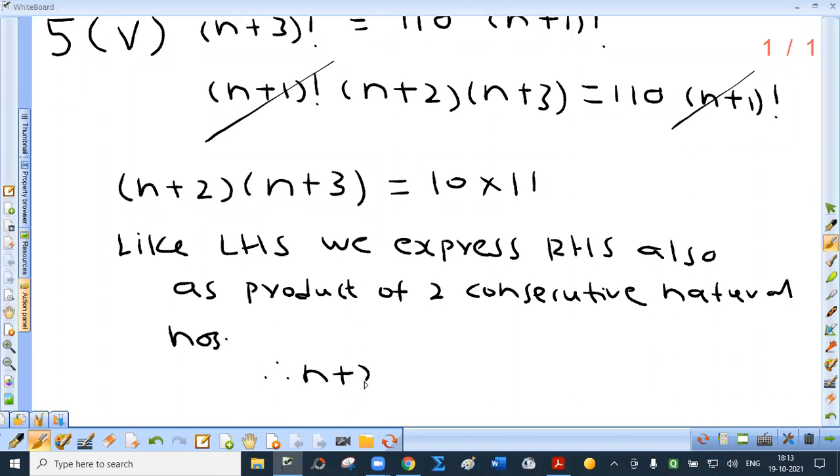So n plus 2 is what? 10. So n equal to 8. Some students say that there is another value. n plus 3 is 11, so that gives n equal to 8 only. Okay, write down.